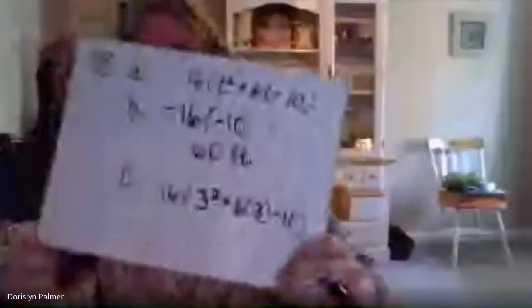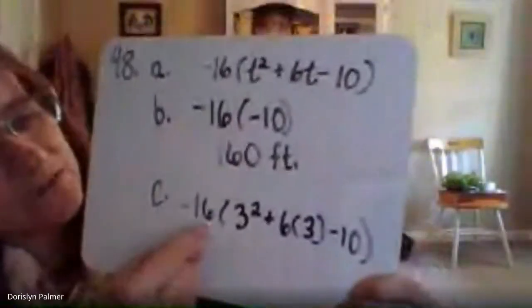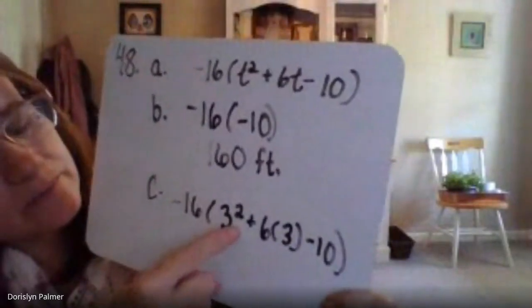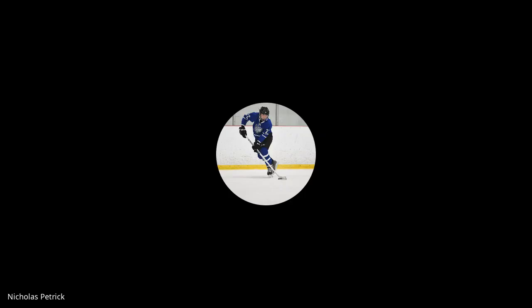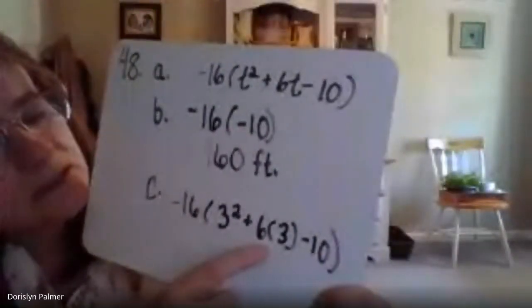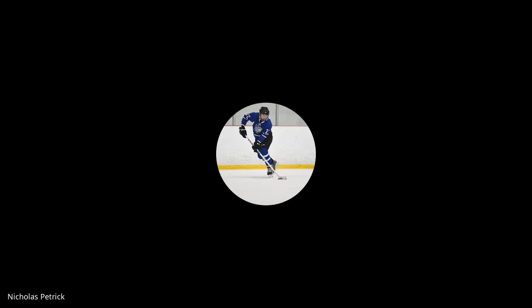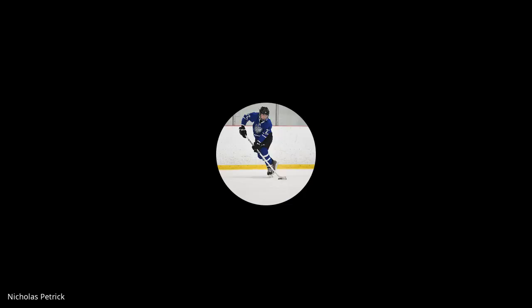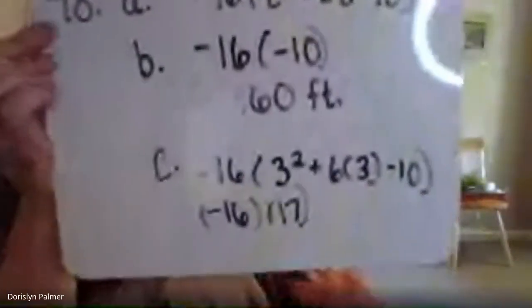So let's do inside the parentheses first, okay? What's 3 squared, Nicholas? 9. All right. 9 plus 18? 27. Good. And 27 minus 10? 17. Okay, good. So we have negative 16 times 17.